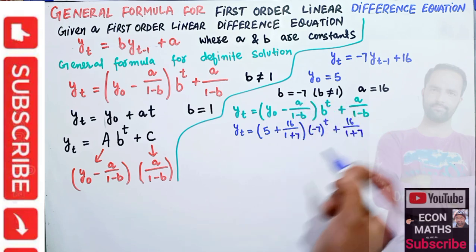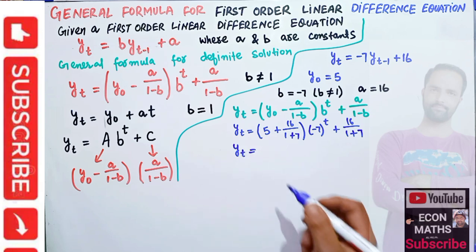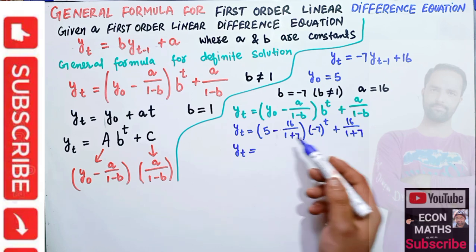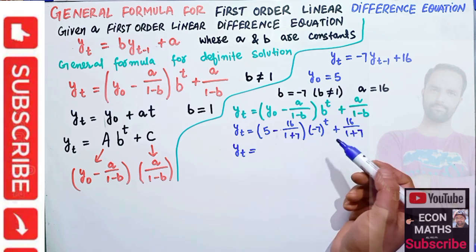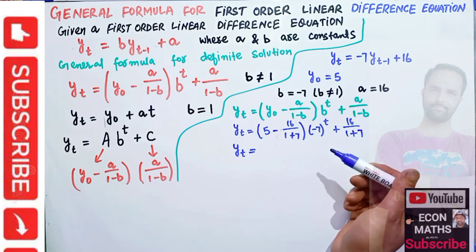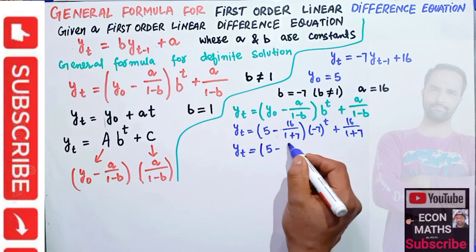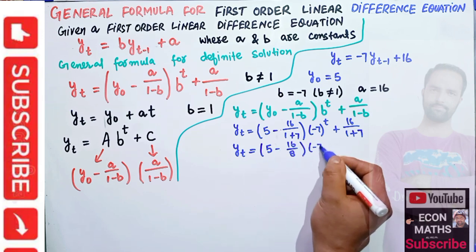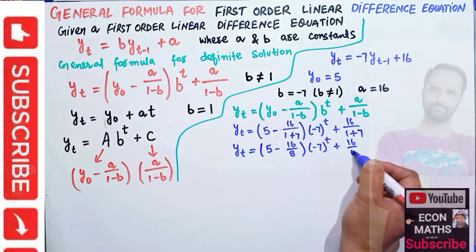Which reduces to y_t equal to, solving this out, we have 5 minus 16 divided by 8 times minus 7 raised to the power t plus 16 divided by 8.